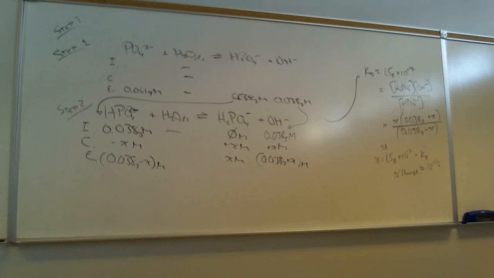Percent hydrolysis. The percent hydrolysis for step 2 is incredibly small. The reason is, why? Why is the percent hydrolysis incredibly small for step 2? Actually, we could calculate the number.